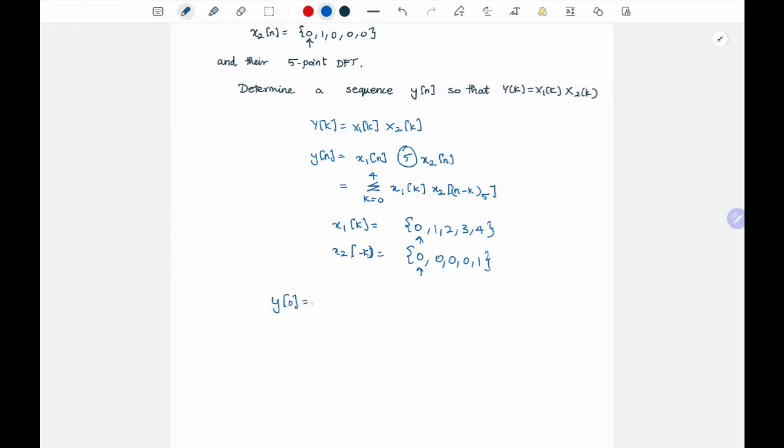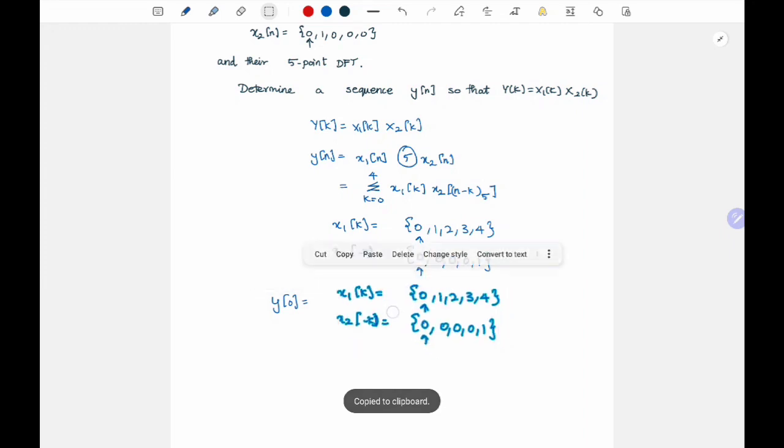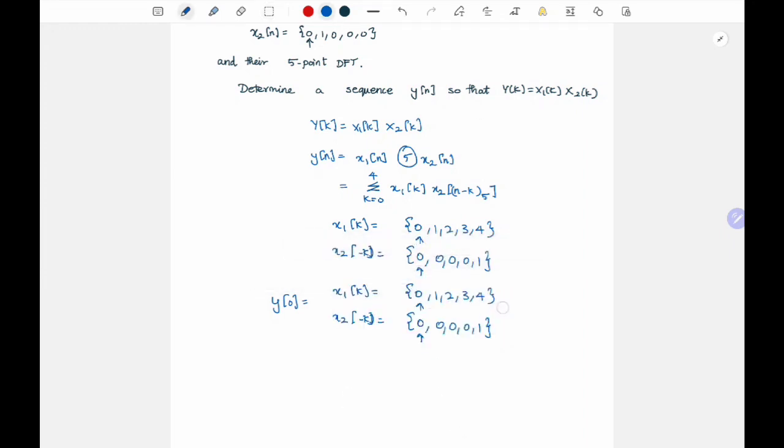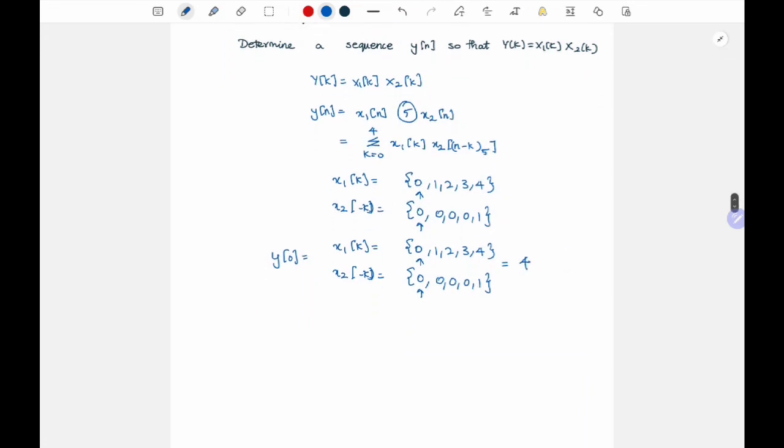So my y of 0 is nothing but this into this, right? Which is nothing but, when I multiply this, only 4 will be left. So this will be 4. My y of 1 will be this into 1 minus k, which is nothing but a right shift by 1.